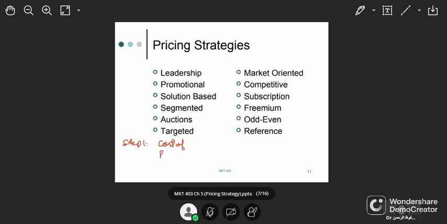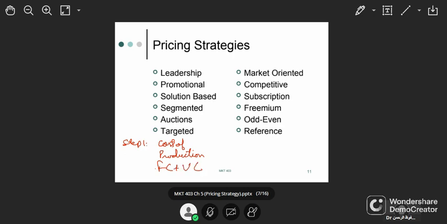Cost of production means, when you are making a product, service, whatever your bundle, how much you spent in making one piece. It will include your fixed cost and your variable cost.